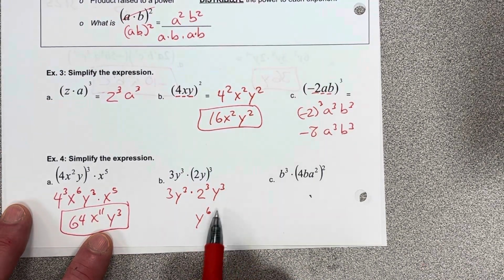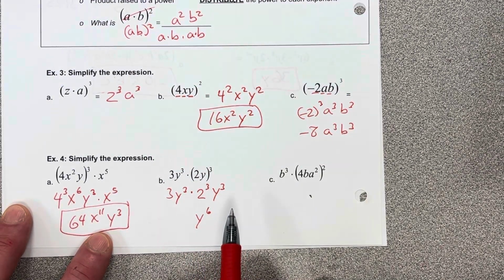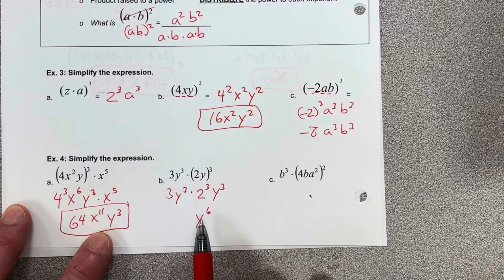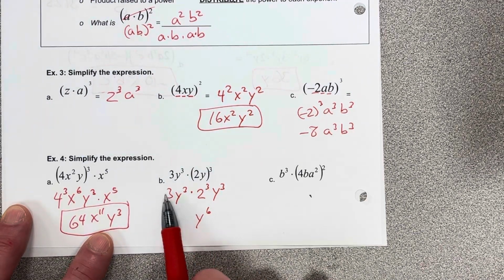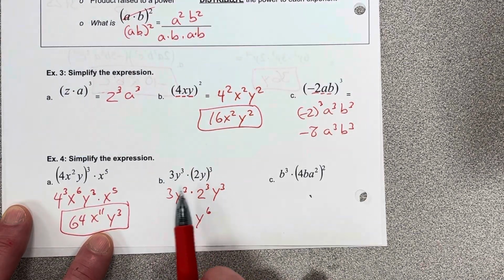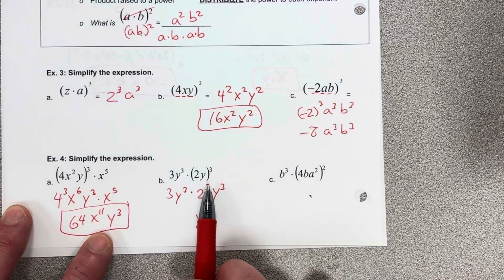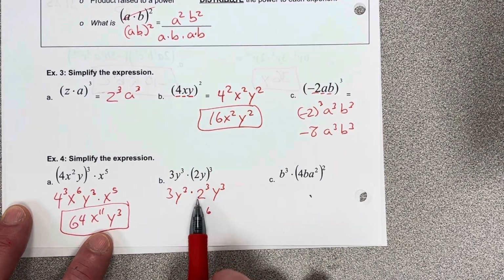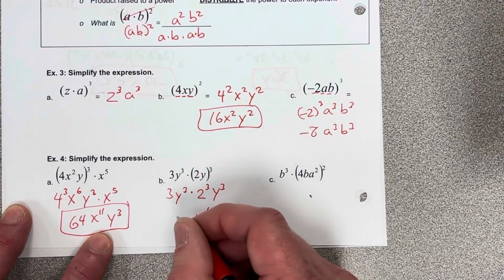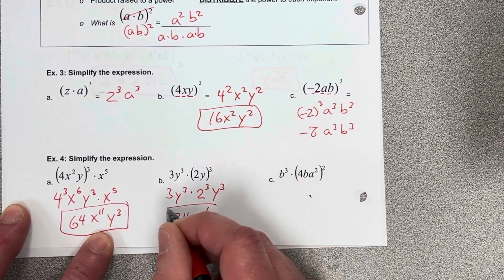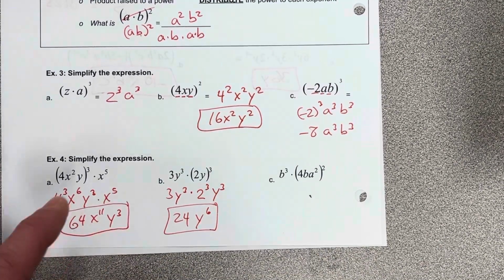That's the product of powers property. Yeah, y to the 6. But class, these are going to combine, but let's evaluate that first. Order of operations says do exponents first. That'll be 8, then times 3. And we get a nice answer like so.